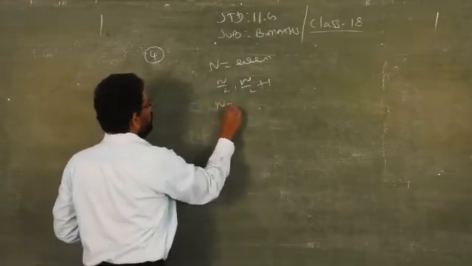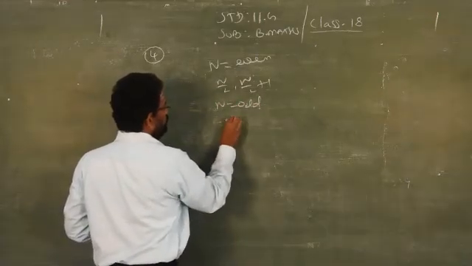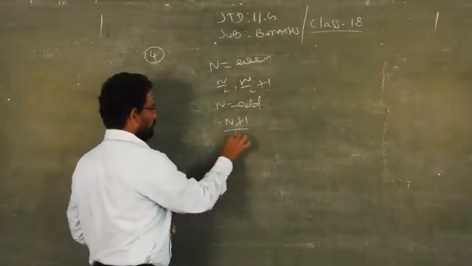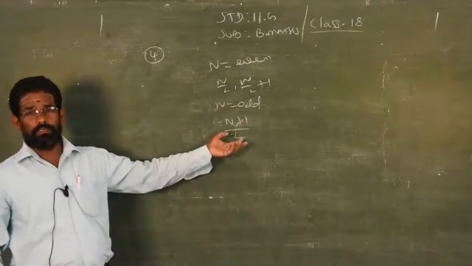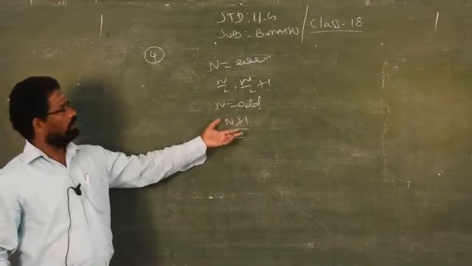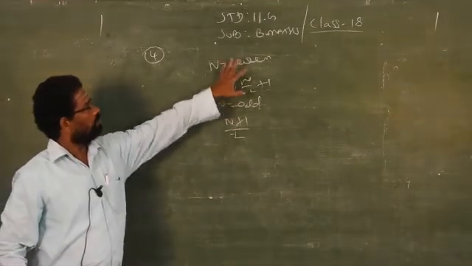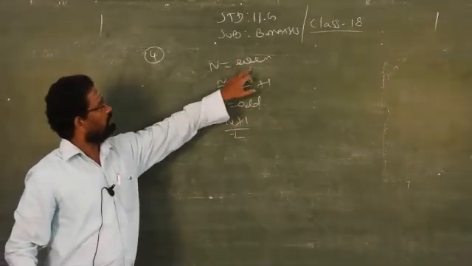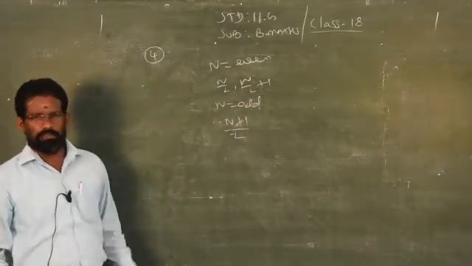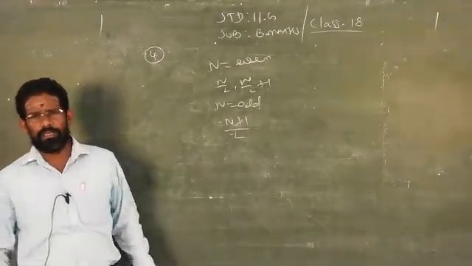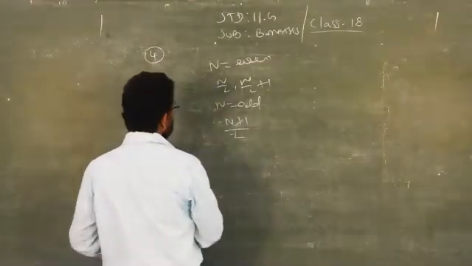If n is an odd number, then you have the formula n plus 1 by 2. This you studied already in 10th standard under statistics. In the statistics chapter, to find the median, you learnt that when n is even, then n by 2, n by 2 plus 1, when n is odd, n plus 1 by 2. The same concept you are going to use in the binomial theorem to find the middle terms.